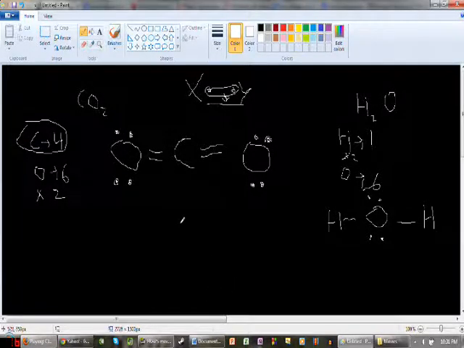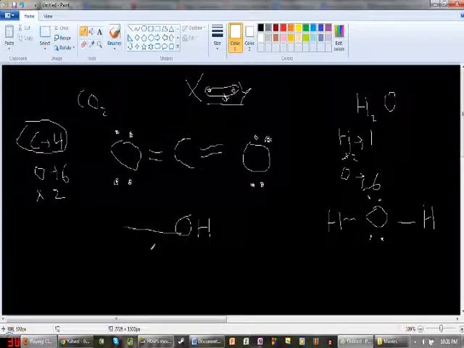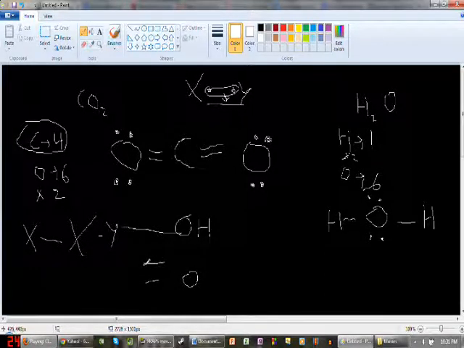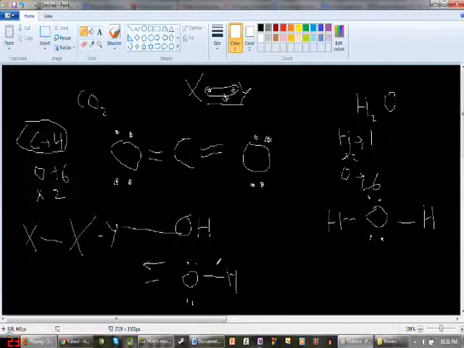A lot of natural molecules end with OH, so you just tag that onto the end of whatever you have here, X and then Y. OH will have a bond to whatever is over here, and then one bond to hydrogen.